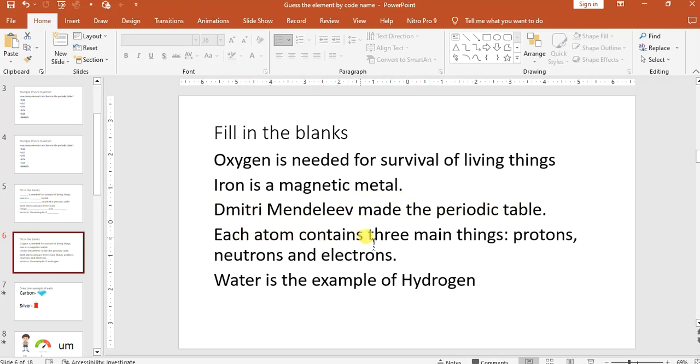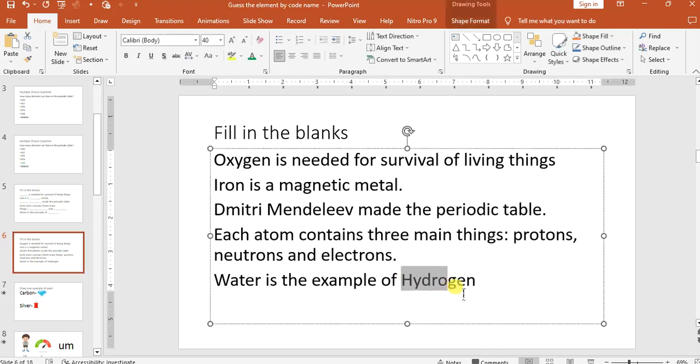Each atom contains 3 main things: protons, neutrons, and electrons. Water is the example of hydrogen. I know water is the example of many other elements, so I just took hydrogen because it would be easy to guess. Not that easy, but medium.